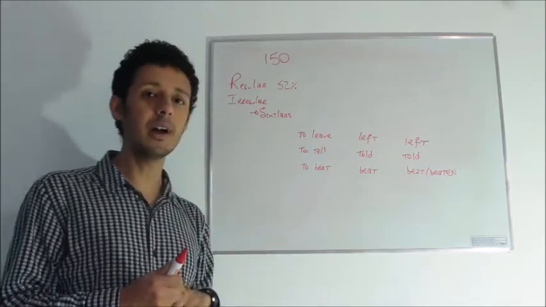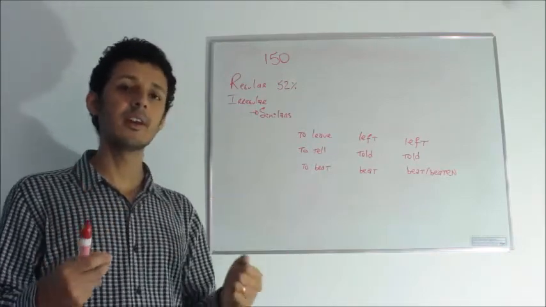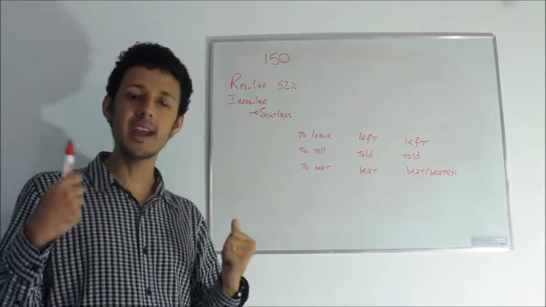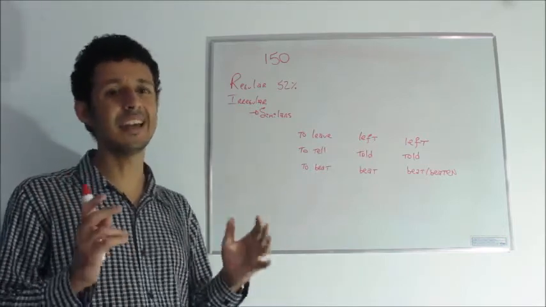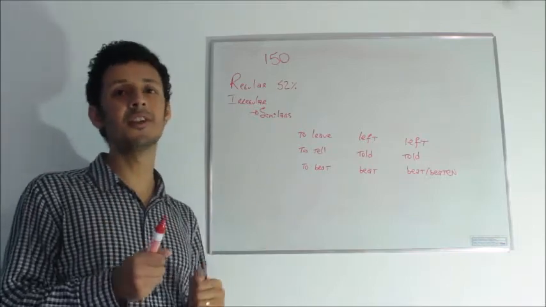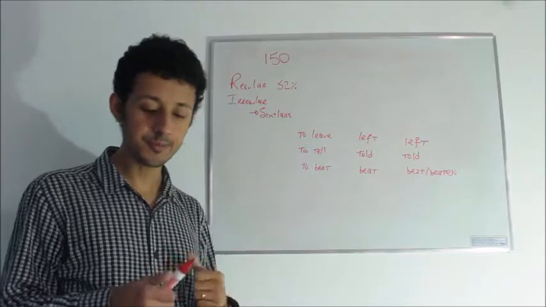When we have irregulars, we have the similar verbs. They present past and participle in the same way of writing and speaking. So this is another easy thing for us. This is another good news.